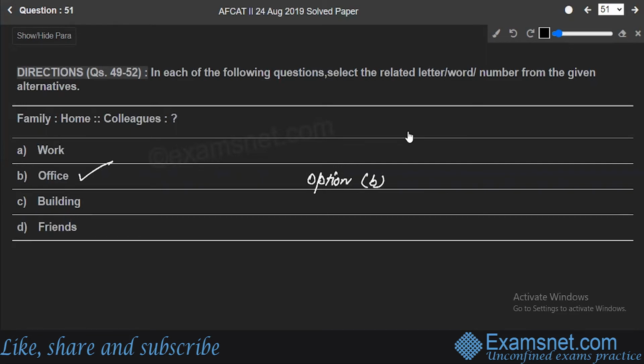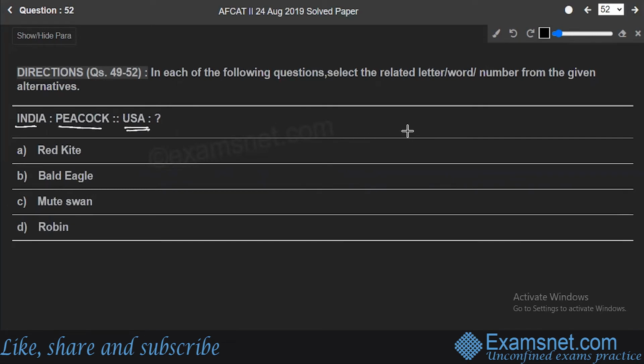Next, question number 52. India is related to peacock the same way USA is related to what? Red kite, bald eagle, mute swan, or robin. See, peacock is the national bird of India. That means you have to tell the national bird of USA.